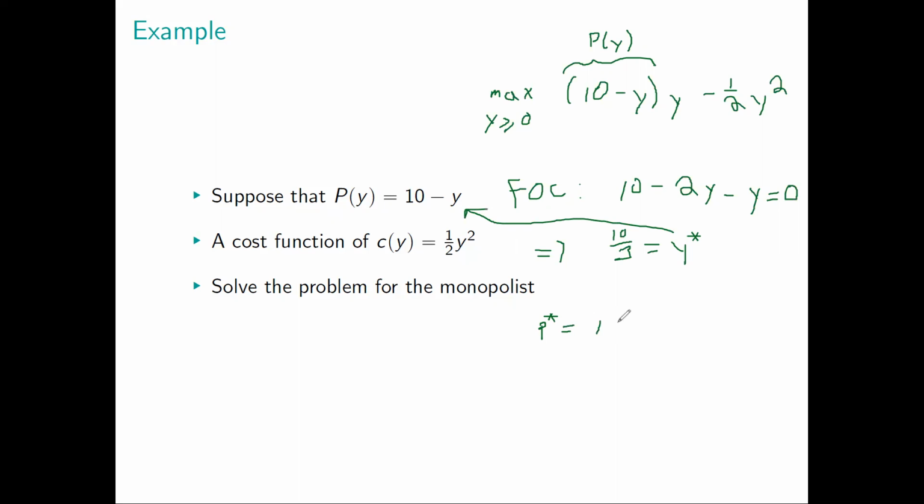So here the price is going to be 10 minus 10/3. So this is the monopoly price, and this is the monopoly quantity. So again, it's just solving an optimization. You can ask different things about this as well, like how much profit does the firm make and compare it to a price competitive firm at given prices. But again, that's a little bit too much detail for what we're going to be covering this semester.